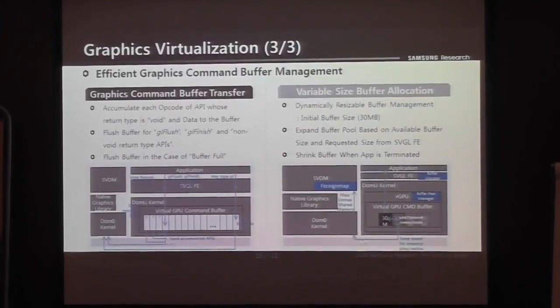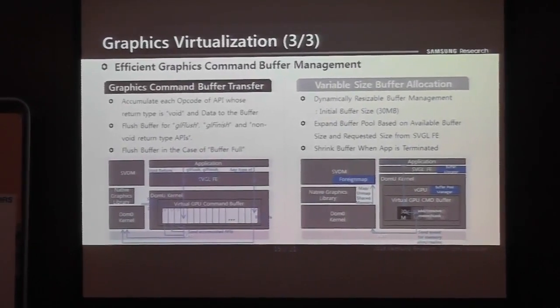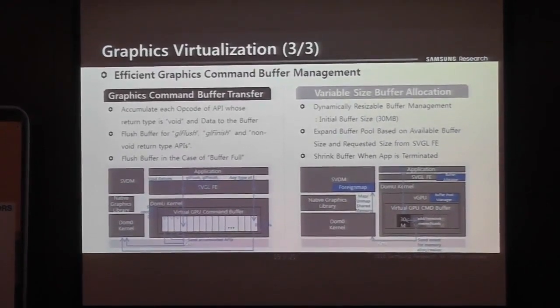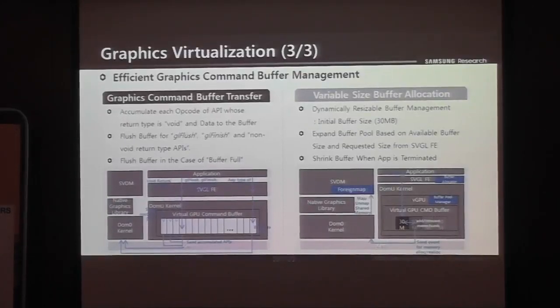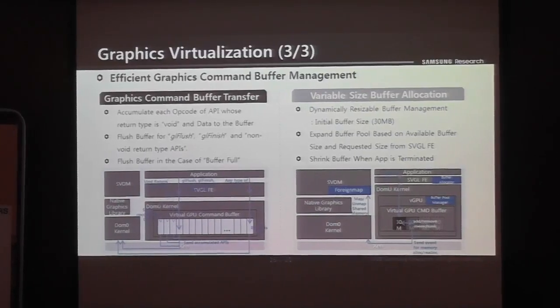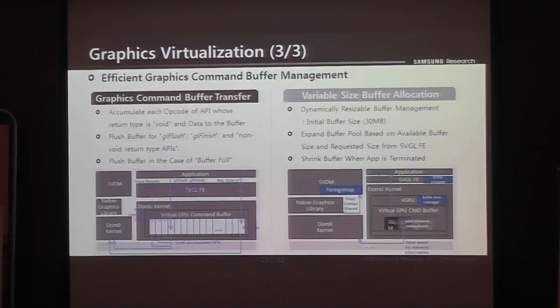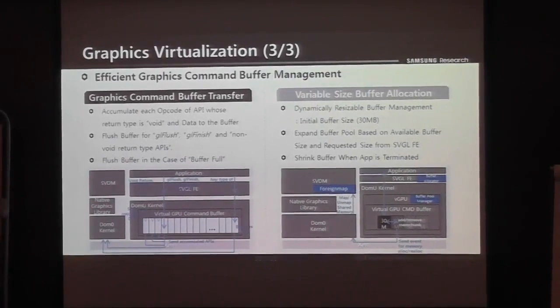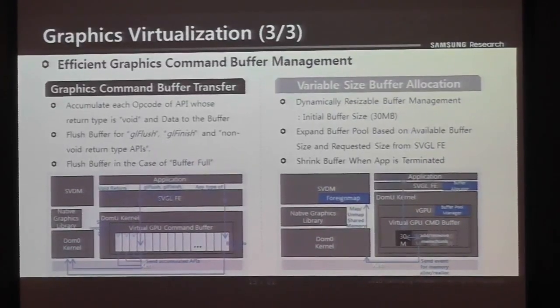That means we just accumulate every graphics API and instruction in the shared memory until we have a special command like GL flush, GL finish, or non-void return type APIs. When we have these special APIs, we transfer the accumulated data altogether from the front end to the backend side. Then we flush the buffer. That is a kind of batch transferring mechanism.